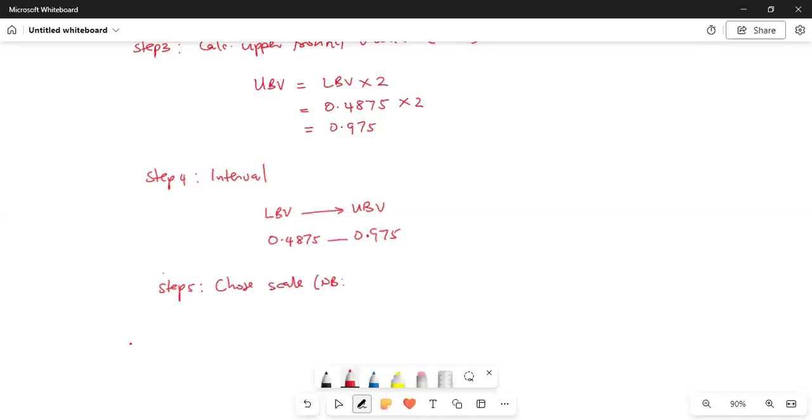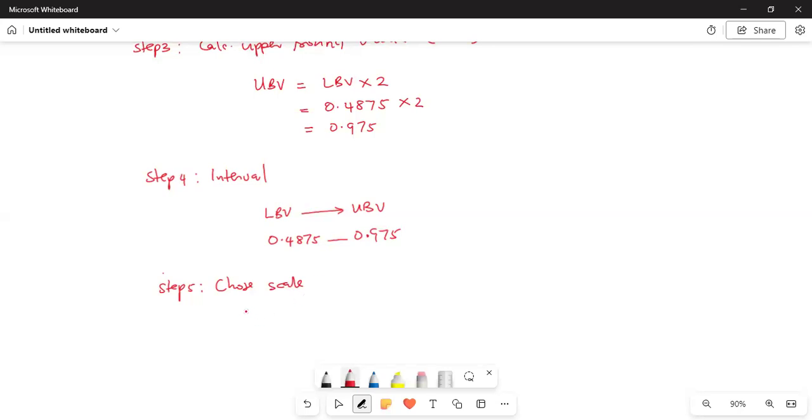Note. So if you are choosing the scale, choose suitable. Okay, so the fifth one, choose scale.